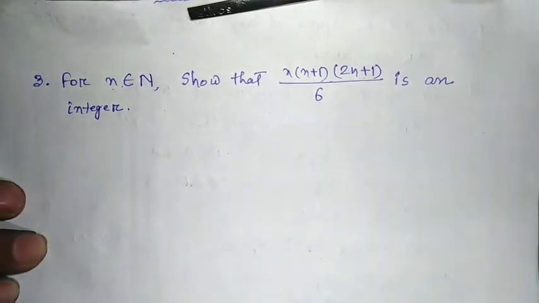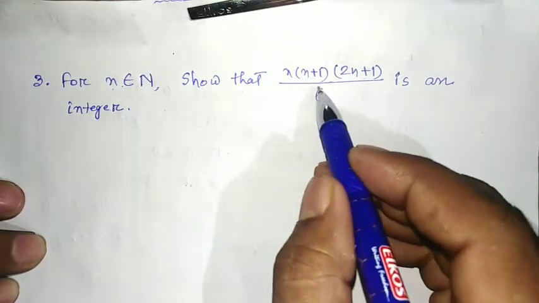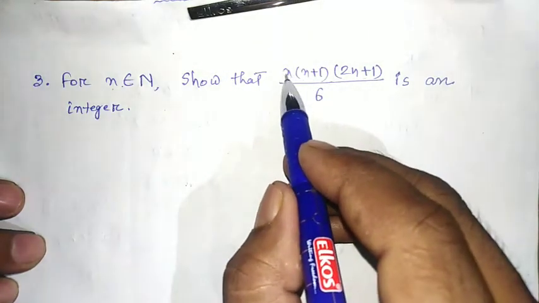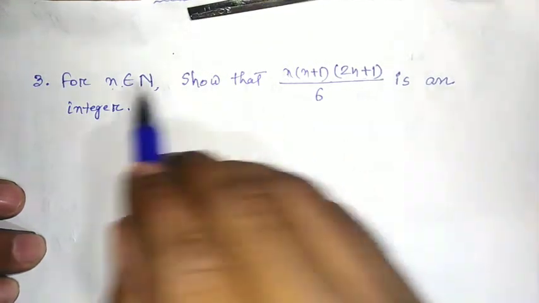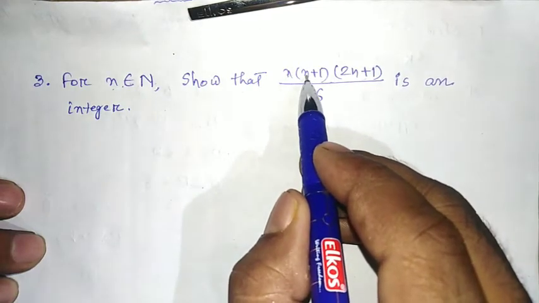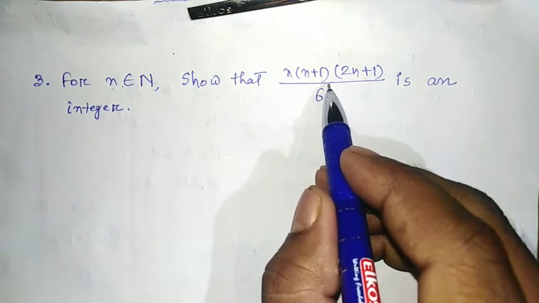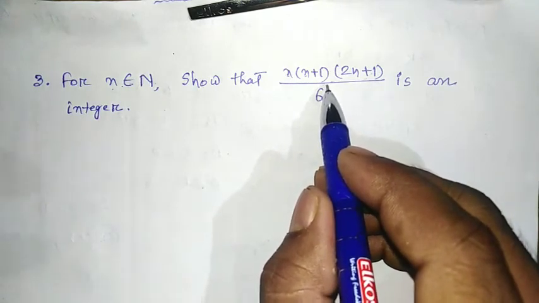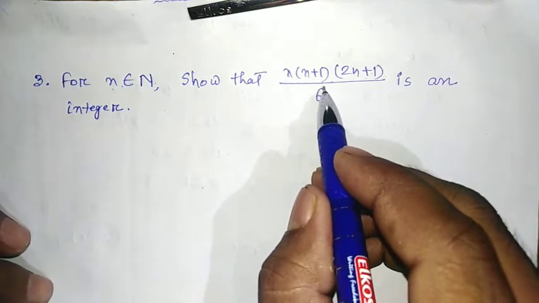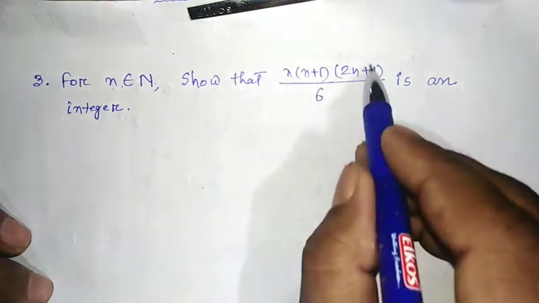If somehow we can cancel this 6 denominator, then we can prove it, since n is a natural number, so n plus 1 is also a natural number, 2n plus 1 is also a natural number. But fractions are not integers, while all natural numbers are integers. So if somehow we can cancel this 6, then we can say that the numerator is an integer.